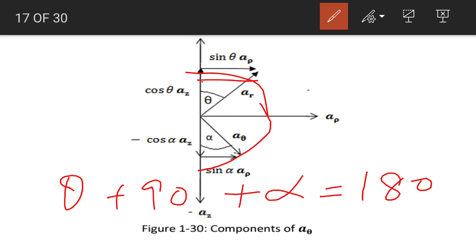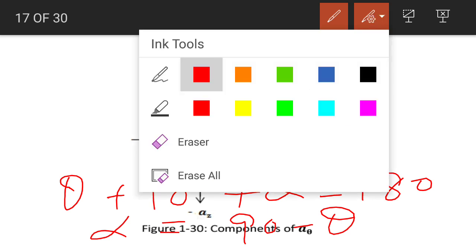If we take the sum of these three angles, theta plus 90 plus alpha, the sum results in 180 degrees, and we can find alpha from this equation. Alpha will be equal to 90 minus theta. So we can find the value of alpha from figure number 30.